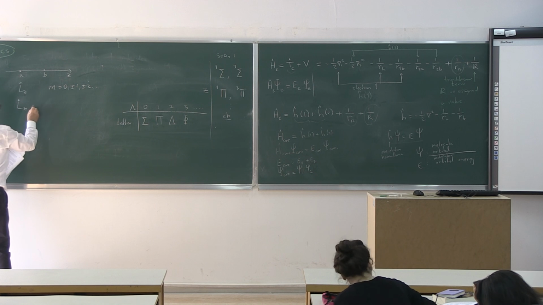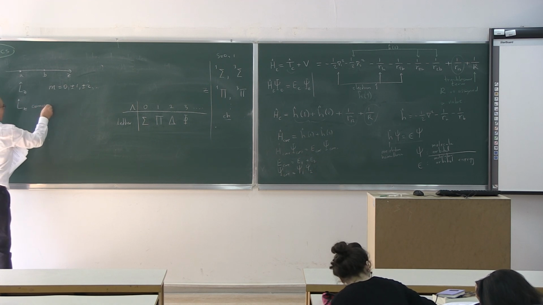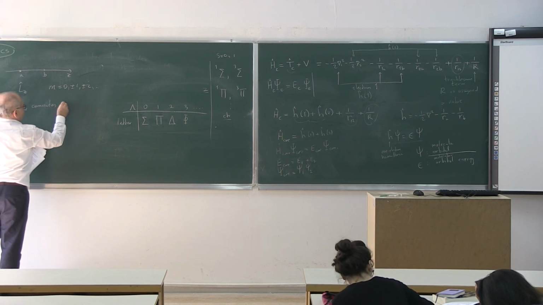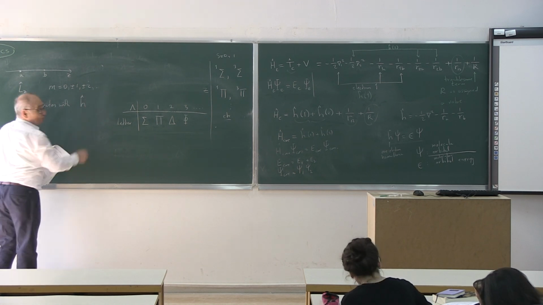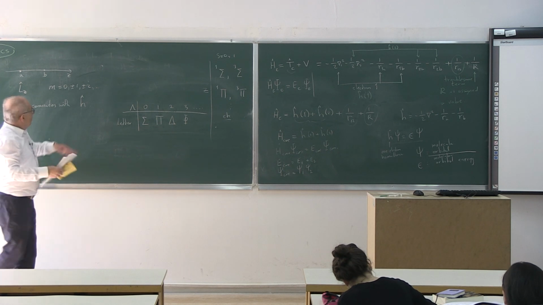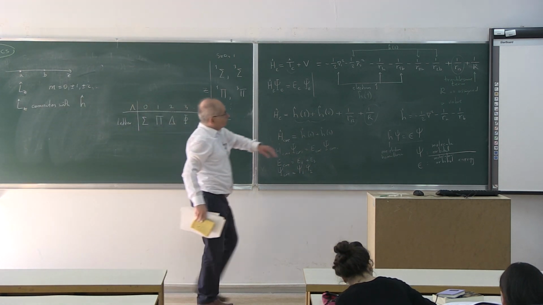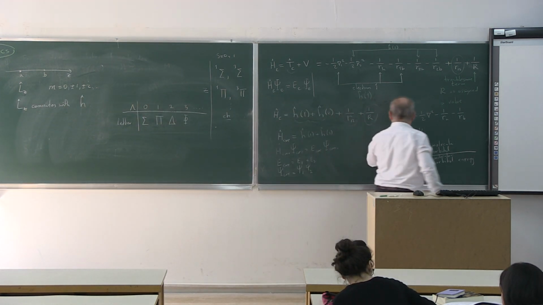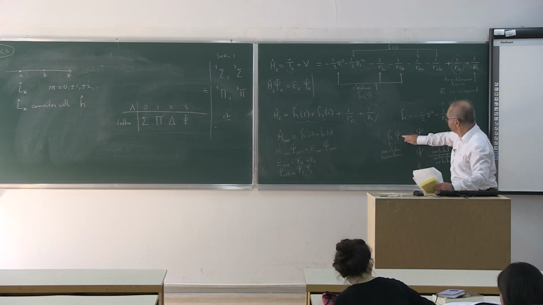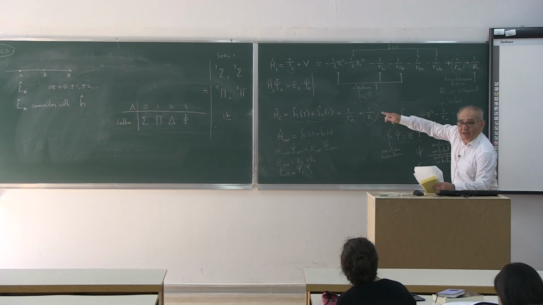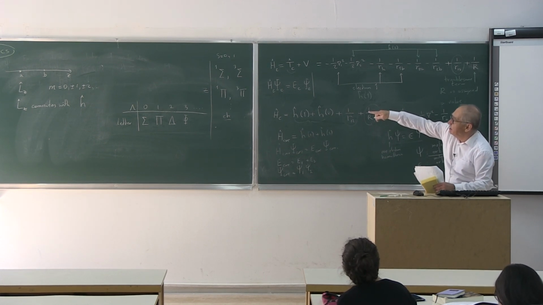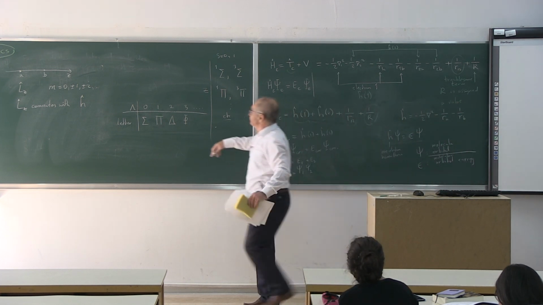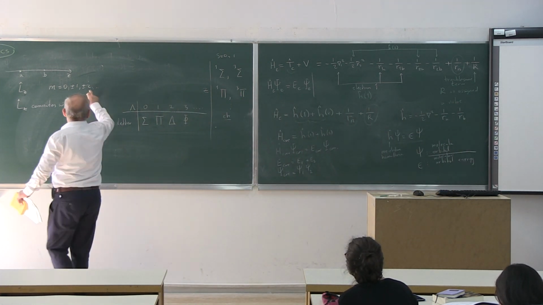Lz commutes with that h. This means that the solutions of this equation, psi, must also be eigenfunctions of Lz operator with eigenvalue m. And the m values are as we have indicated here.